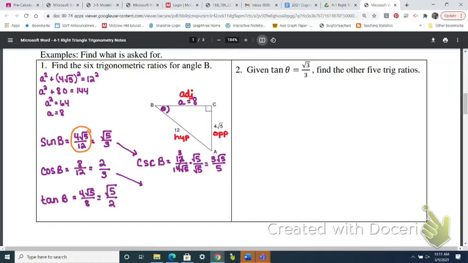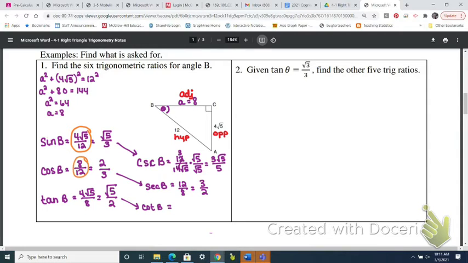So the reciprocal of the cosine is the secant. So I'm going to do the reciprocal of this right here. I'm going to flip it. So it is 12 over 8, which is 3/2. And finally, the last one, the cotangent of B. It's the reciprocal of that one.